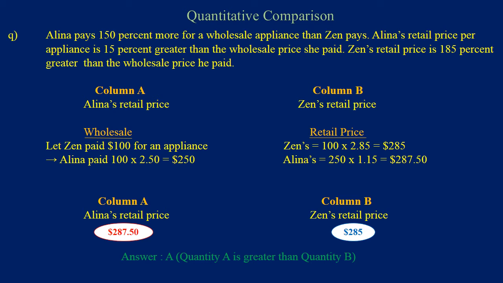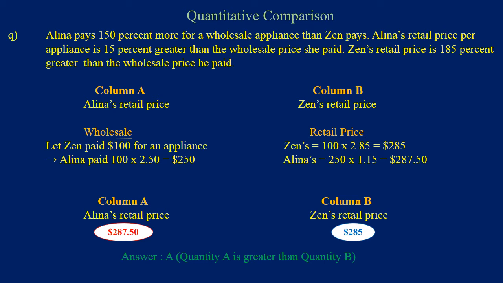Now since Zen's retail price is 185% greater than the wholesale price he paid, Zen's retail price is equal to 100 into 2.85, which is equal to $285, and Alina's retail price would be 250 into 1.15, which is equal to $287.50. See, Alina's retail price per appliance is 15% greater than the wholesale price she paid.